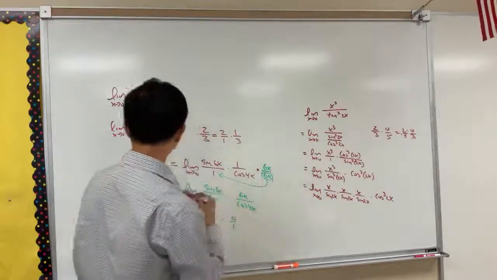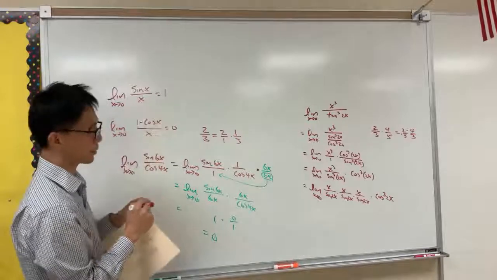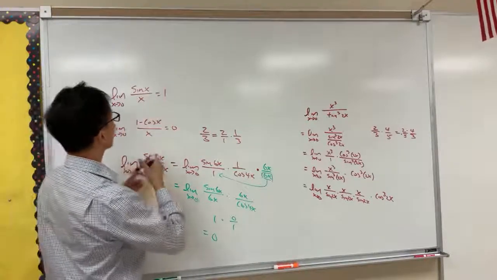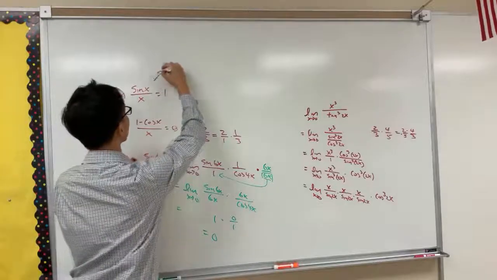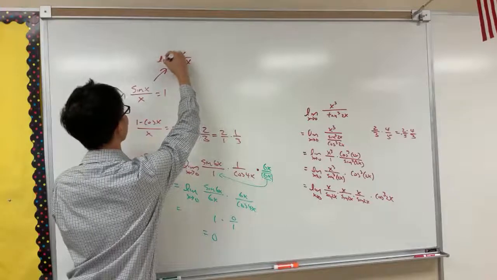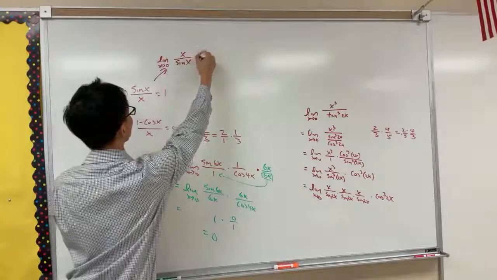And we know that sine x over x is equal to 1, but not sine of 2x over x. So this is also known as the limit as x approaches 0 of x over sine of x, which is equal to 1 as well.